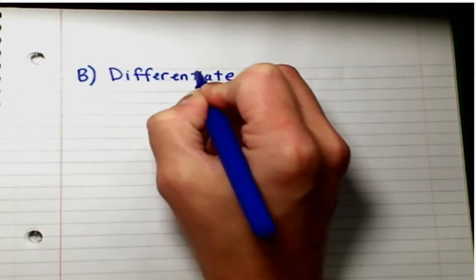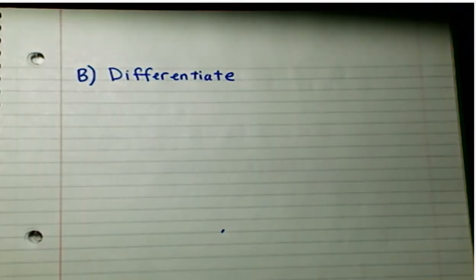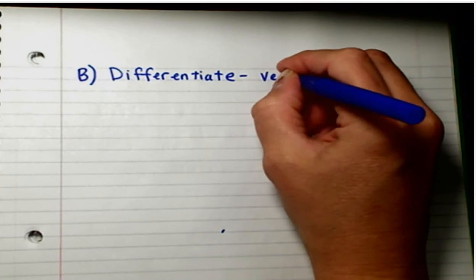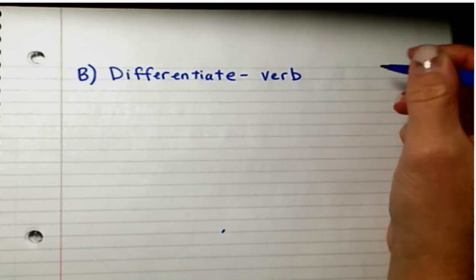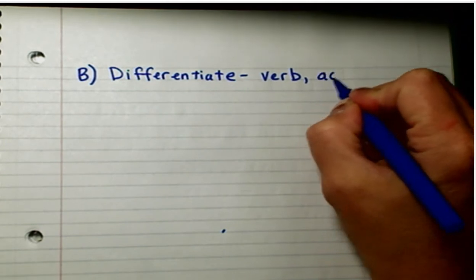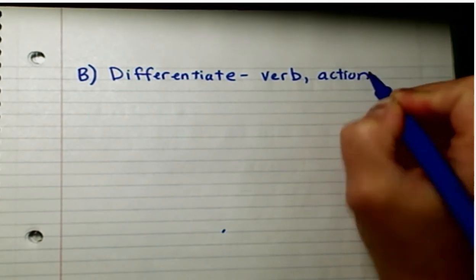Differentiate is a verb. Means it's an action.